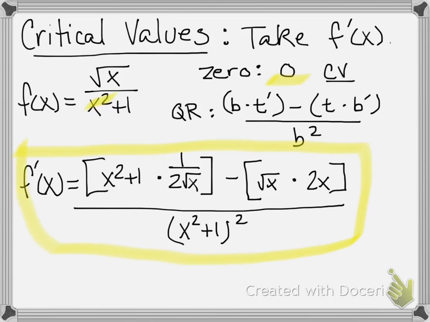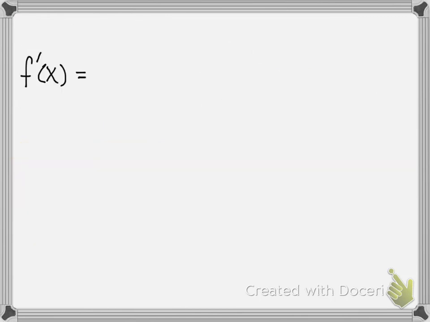So instead of writing from the last slide, you can look back at that if you need to. But whenever we multiply that first part out, since we had x squared plus 1 times 1 over 2 square root of x, our x squared plus 1 is going to be going on top, and it's going to be over 2 times the square root of x.